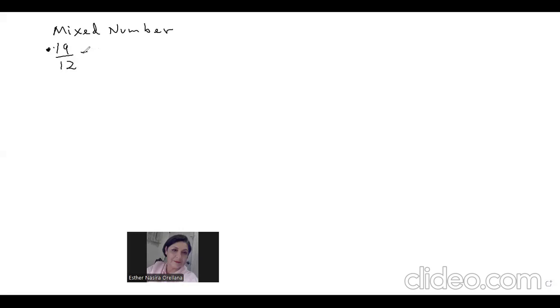But we can write this as a mixed number by dividing: 19 divided by 12 is equal to 1, and the remainder is 7. 1 times 12, we subtract, the remainder is 7. So we write the 7 over 12. And this is a mixed number.